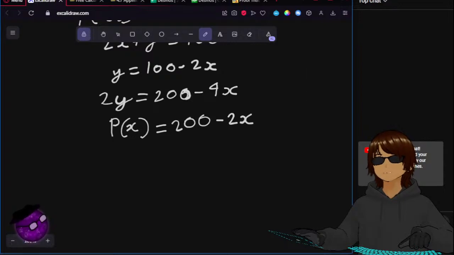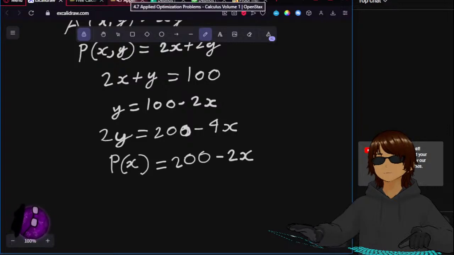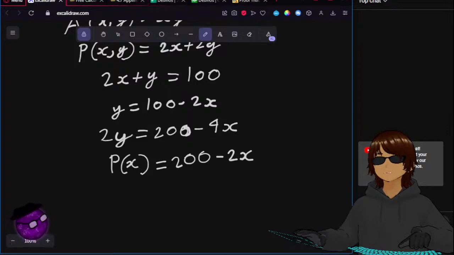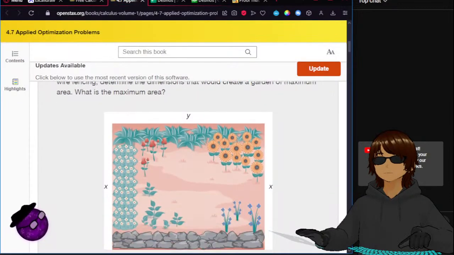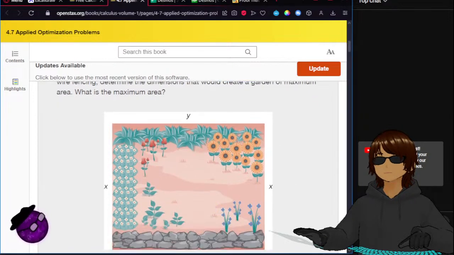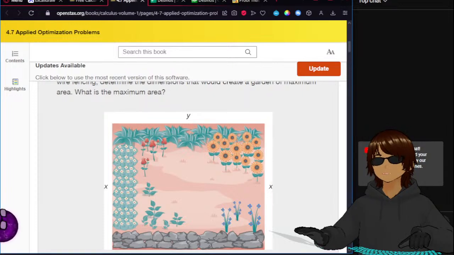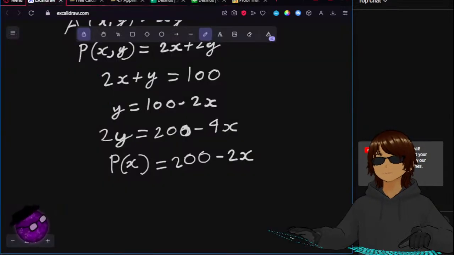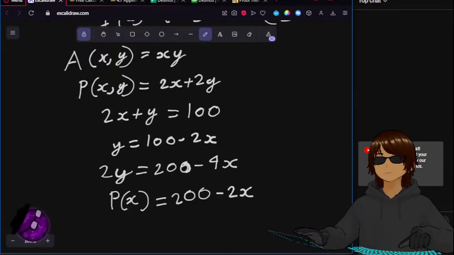No, the wire fencing is 100, right? Yeah. Wait. X at max can only be 50, because then there is wire fence of 50 going up and wire fence of 50 going down. 2x plus y. No, not parameter.